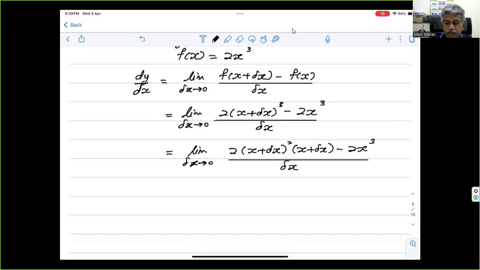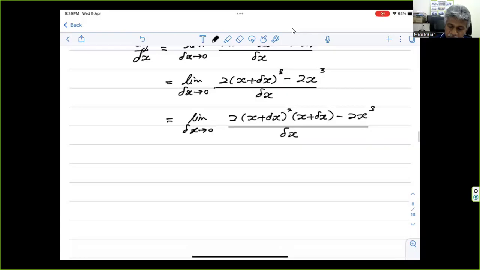Okay, so this part, when you multiply together, will give you back the cube. So I put 2 here, 2 plus 1 will give you back 3. Now we are going to expand this. Okay, so limit as delta x approaches 0. The 2 is still there. We are going to expand this. I'm sure you all know how to expand a square function.